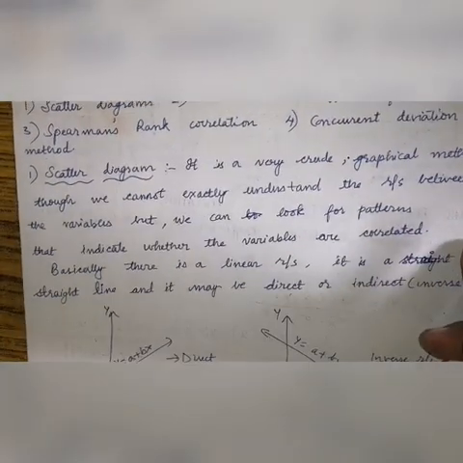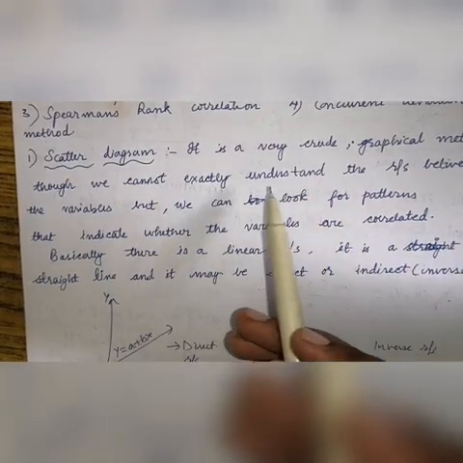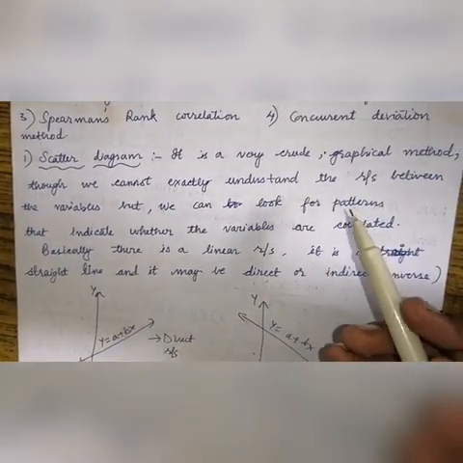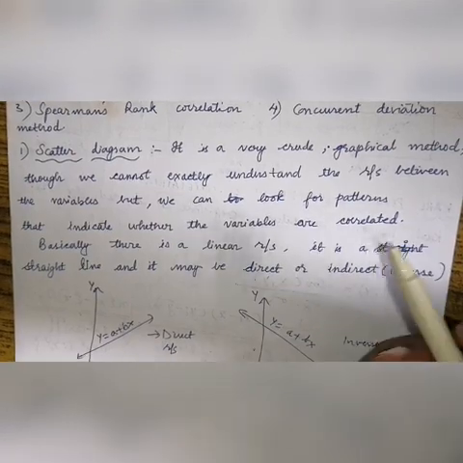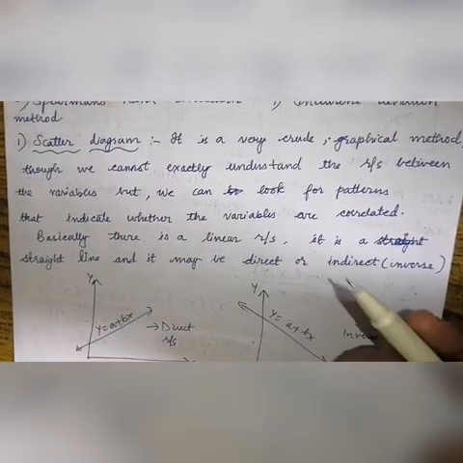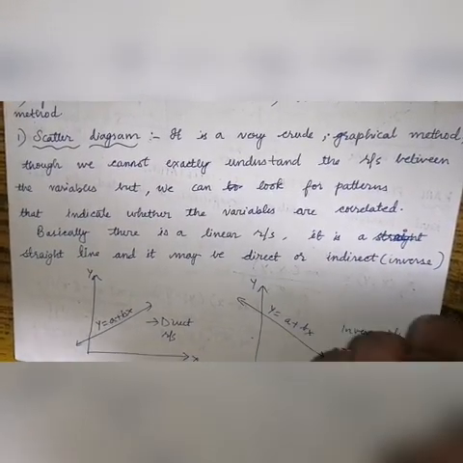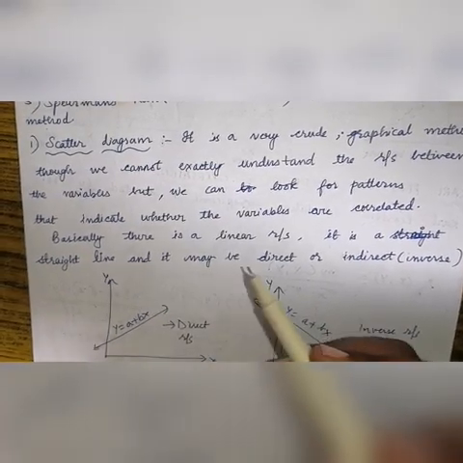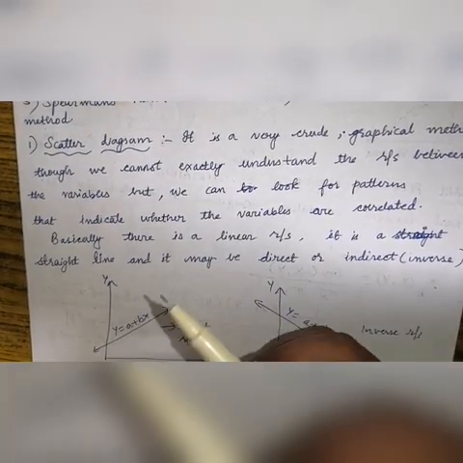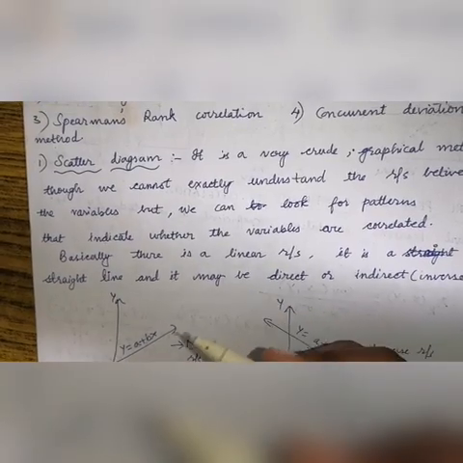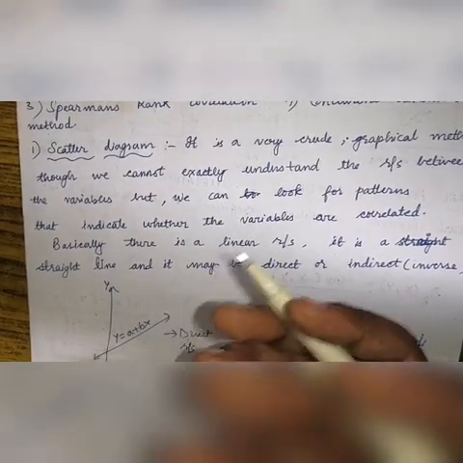Okay, and the scatter diagram is actually a crude method of understanding. It is a graphical method of understanding the relationship between variables. We look at the patterns, we look at the linearity of the variables if we are taking x and y as two variables.